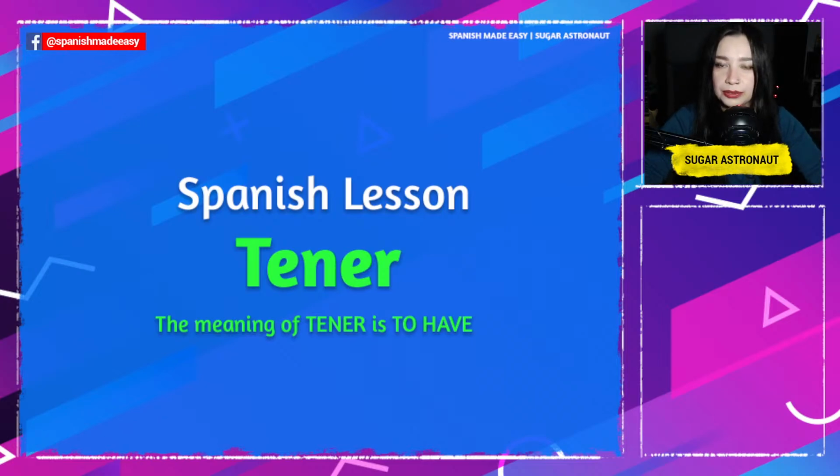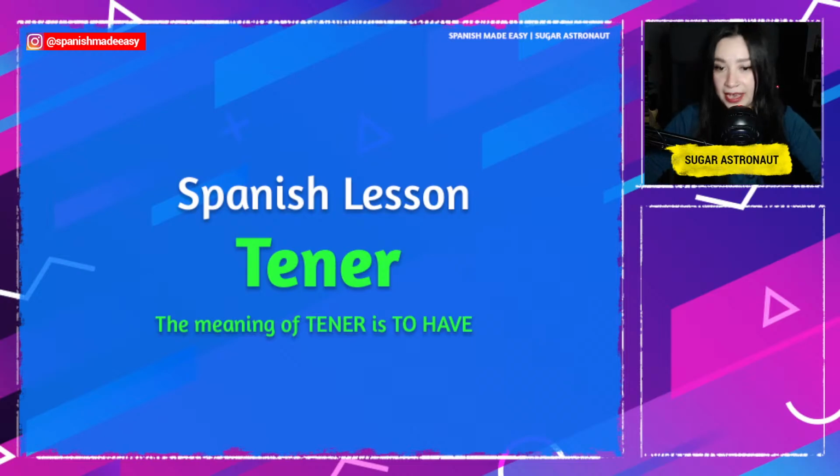Just as you would use the verb to have in English, you pretty much would use tener in Spanish. So they're very similar in English and in Spanish. Of course, there are some differences, but we will talk about those peculiar uses of this verb, so you will be able to master this verb for sure.